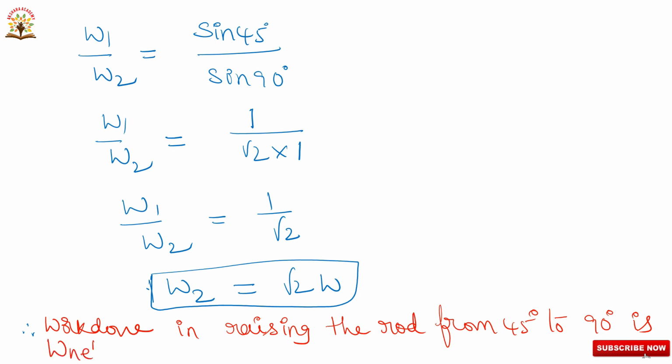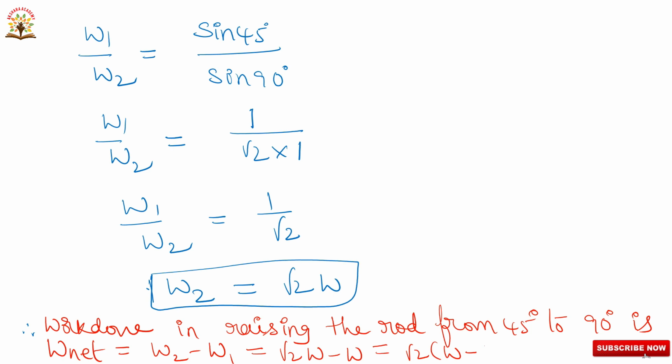Net work done is equal to W2 minus W1. So that is equal to root 2 W minus W1. So that is equal to root 2 of W minus W, which is root 2 minus 1 W.